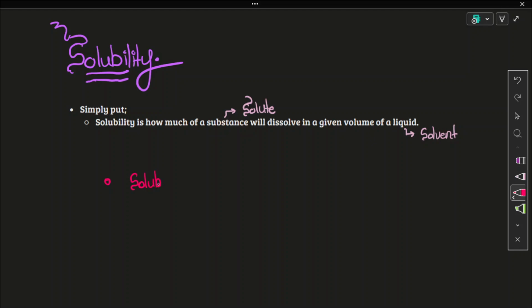Solubility is expressed in a particular way. You have to understand this way. Now, what exactly is this way?